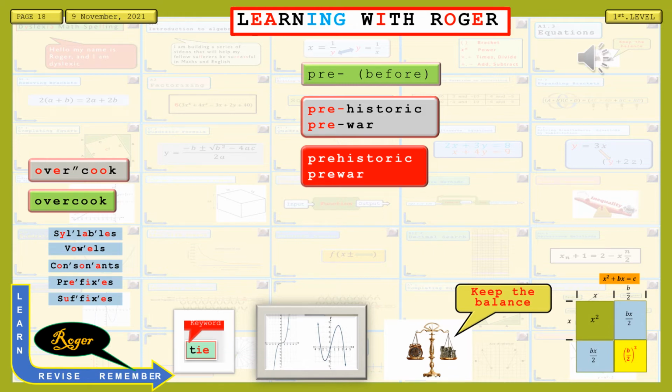I talk about prefixes, and I give a definition. In this case, pre means before, so we have prehistoric and pre-war. The red box shows how this is shown in normal text, and you can see how much easier it is to read and understand when presented as it is in the grey box.